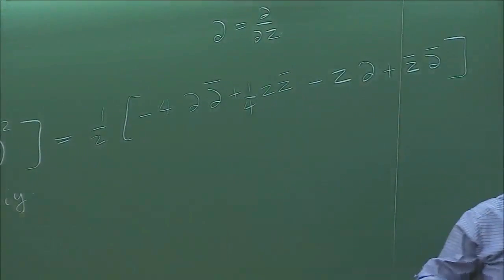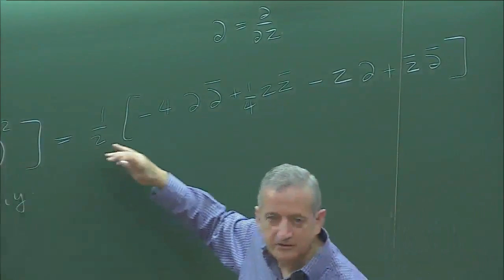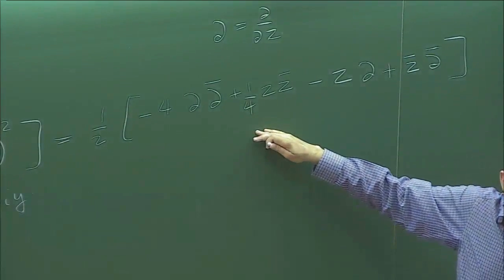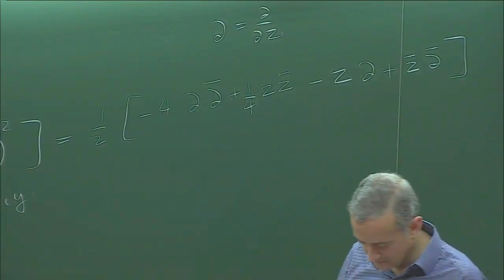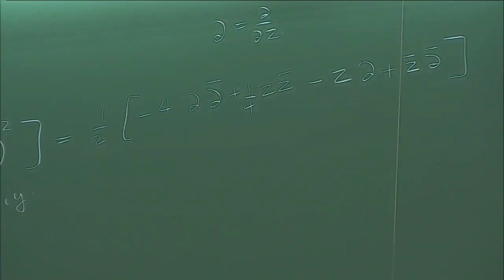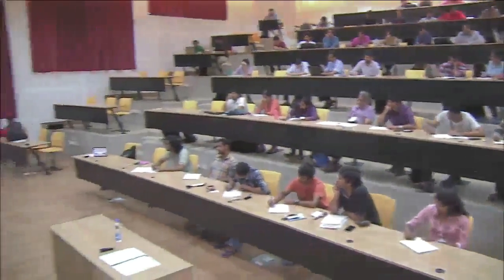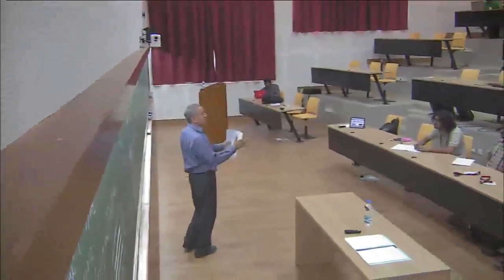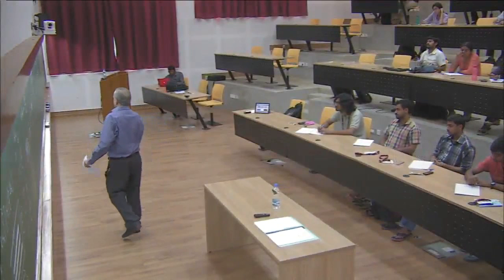So instead of x and y, now I'm working with z and z bar. And please do this algebra to show that this can be written in this form. Then we can do some more algebra to write it in a much simpler form that brings out the connection with the harmonic oscillator.